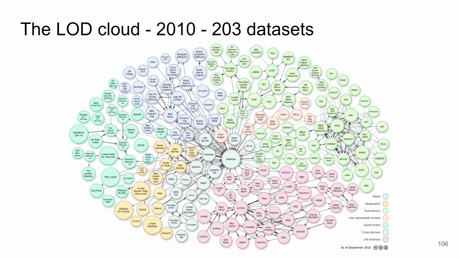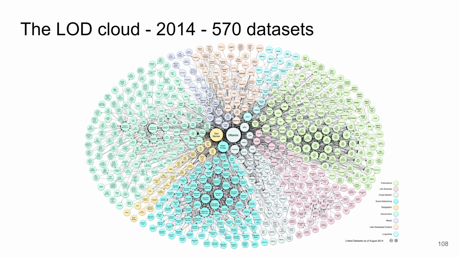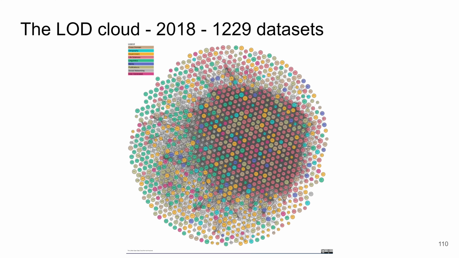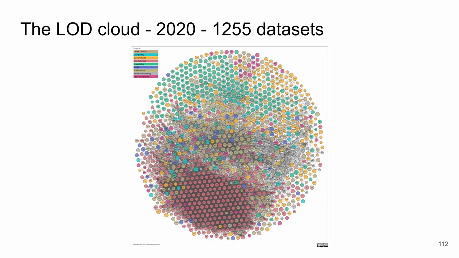And so it grows and grows and grows. Here they switched the generating algorithm, and in 2020 we have 1255 datasets in the diagram. And not all the datasets out there make it into the diagram. There are some requirements and you need to register your data manually and so on. But there are some datasets, for instance, from the Czech Republic.